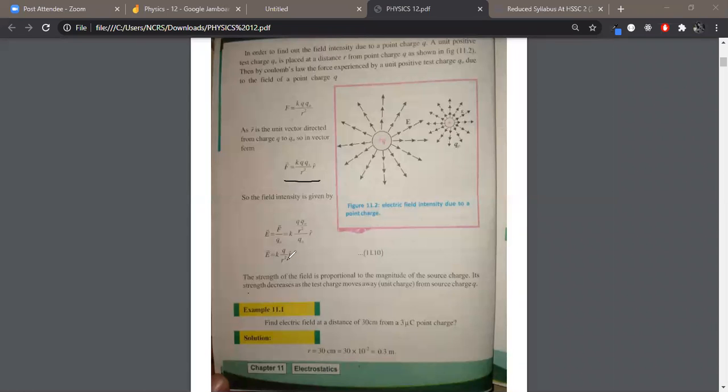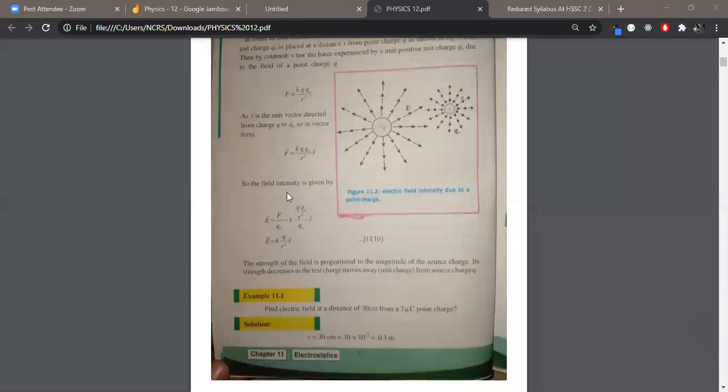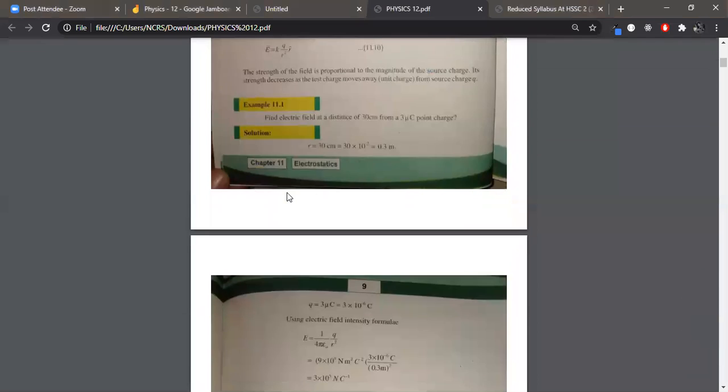And this r that you see is a unit vector for the electric field, because the electric field is a vector quantity, so we need an extra unit vector to define its direction. That is basically the purpose of placing the r vector here. You can give it any name, maybe a or b, whatever suits you, but in this case they have given it r.